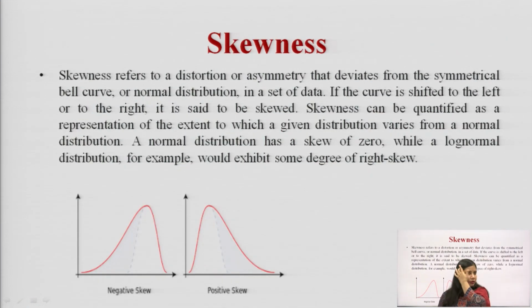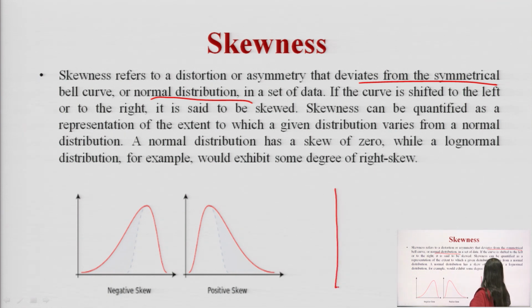Now skewness. Skewness refers to the distortion or asymmetry that deviates from the symmetrical bell, meaning the normal distribution curve.